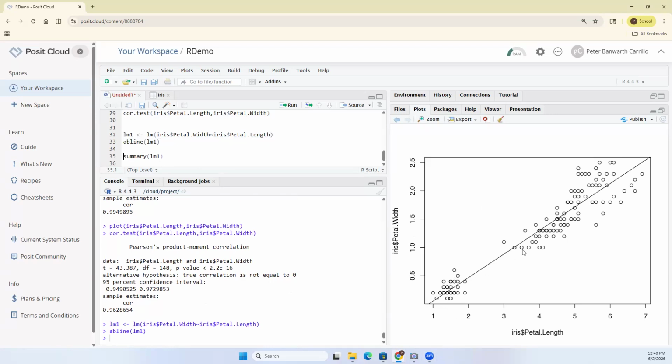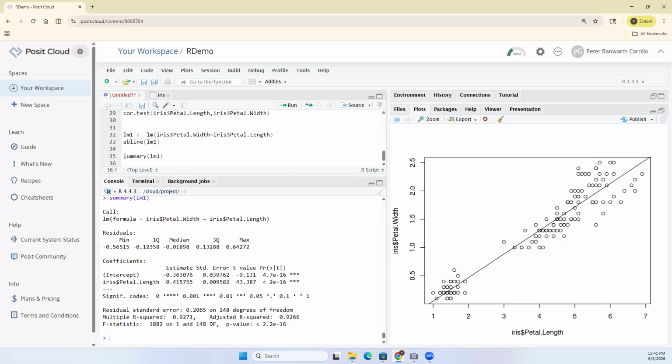And with that, I can draw my line of best fit. So this is mathematically the line that best fits the data. It minimizes all of these little differences between the actual observations and the line representing the trend of these observations. And if I want to see the values, I can use summary of the linear model, and it's going to show me these values here.